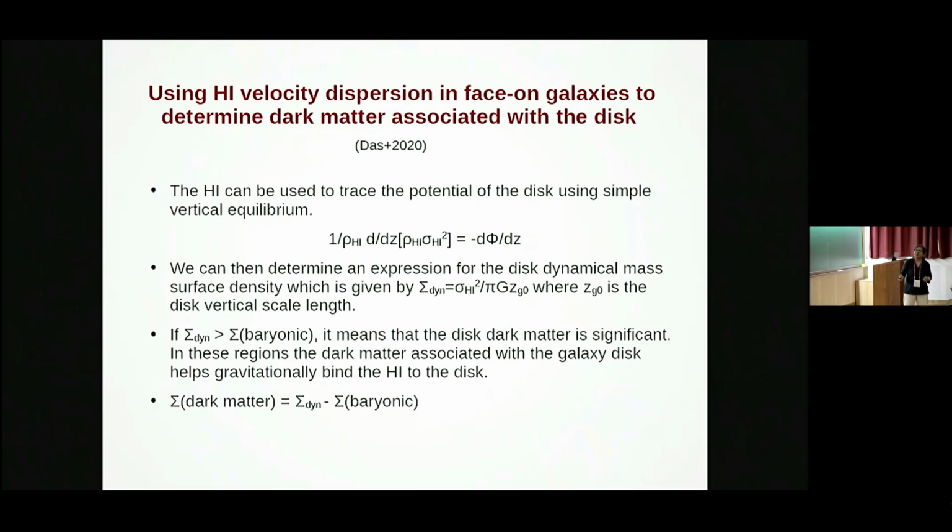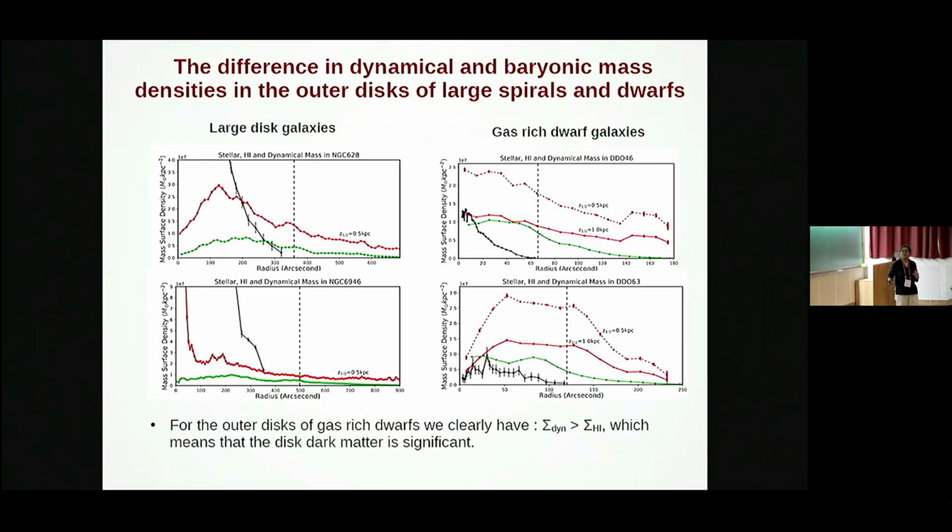Now, if you take the dynamical mass at any radius of the H1 dominated galaxy and you subtract the baryonic mass, which is the neutral hydrogen mass, then it will tell you the dark matter associated with the disk. So initially, we applied this to about 8 galaxies, of which several were massive galaxies and several were dwarf galaxies.